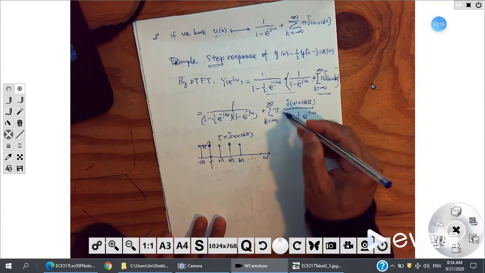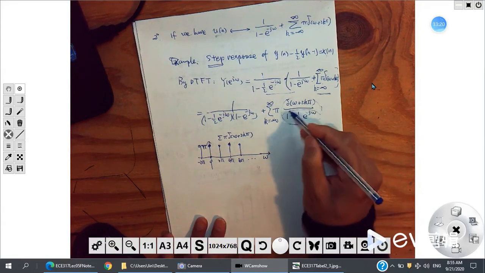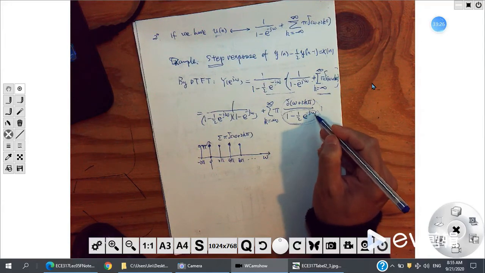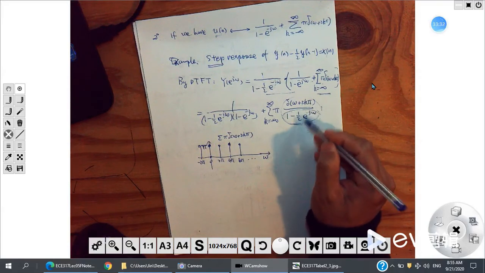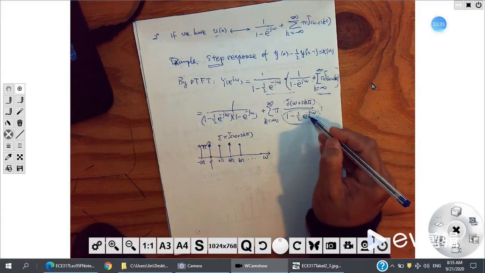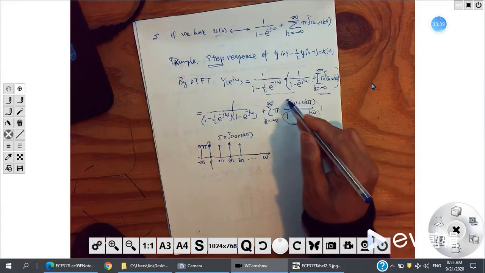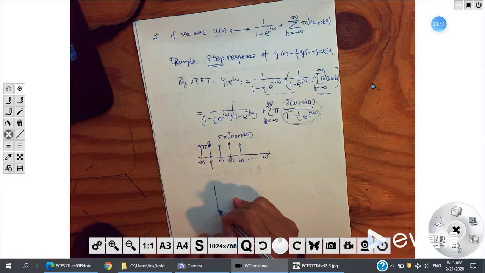Then what is the second one? You see this one? This is a function. It could have a different value for different omega, but if omega is not 2k pi, the delta part is 0. No matter what the value of the denominator is, 0 divided by this number is always 0. So the graph should be like this.